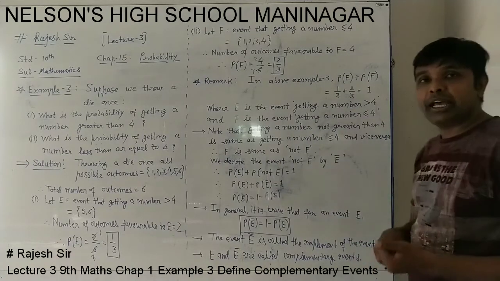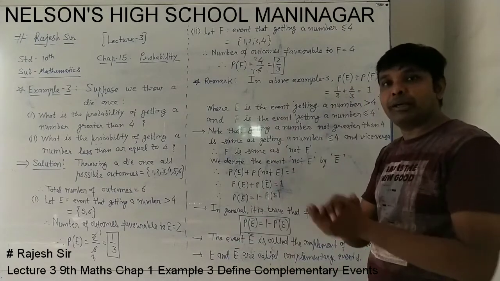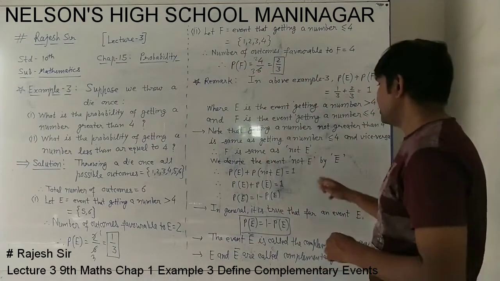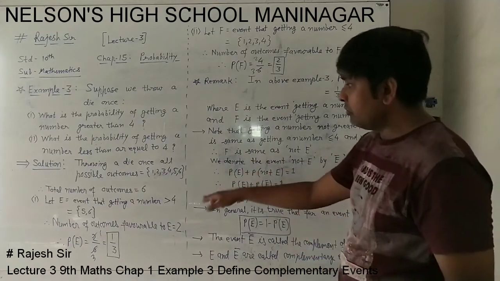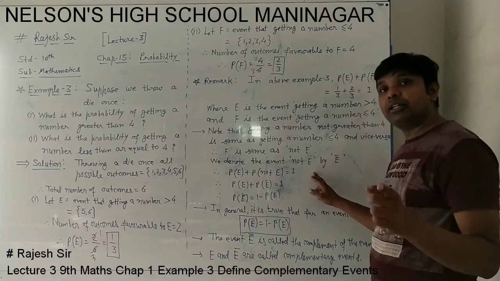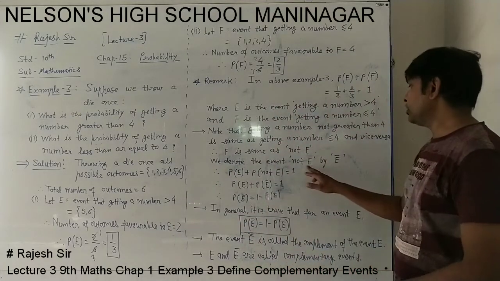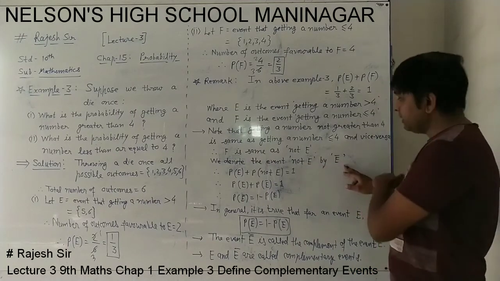If any event is happening, we give some alphabet to it, and if the same event is not happening, we put a bar on that alphabet. So here E is the event greater than 4, and not E is the event not greater than 4, denoted by E bar.